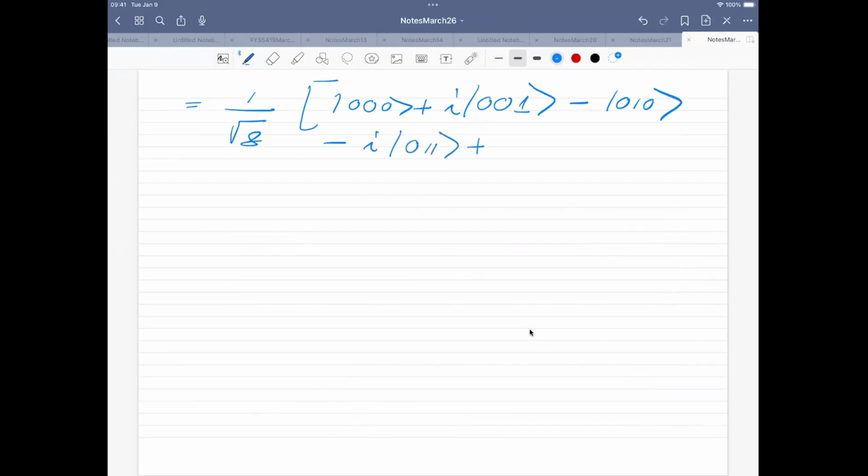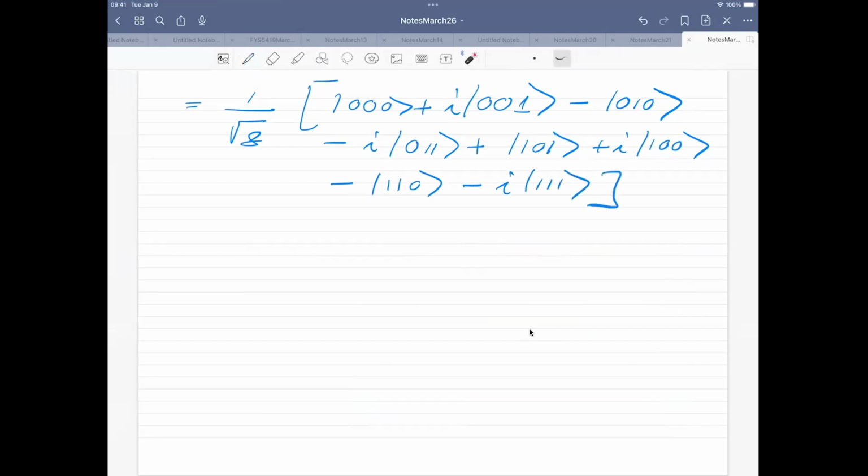And then I have plus. And then I have 1, 0, 1. I hope I put everything correctly together. 1, 0, 0. And then I have my minus 1, 1, 0. And this is minus I of 1, 1, 1. So let's do the counting now. So we have 1, 2, 3, 4, 5, 6, 7, 8 states.